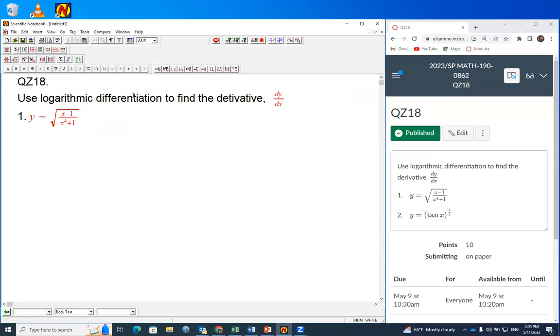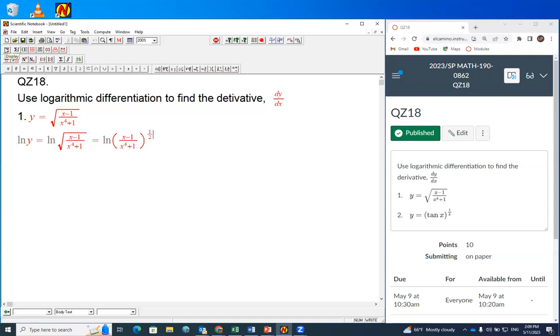Okay, so number one, we take a logarithm on both sides. We have this function given, and then we take the natural logarithm on both sides. The right-hand side can be seen as the natural logarithm of the quotient to the power of half.